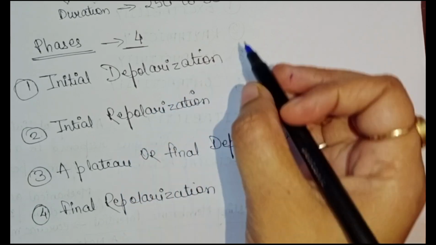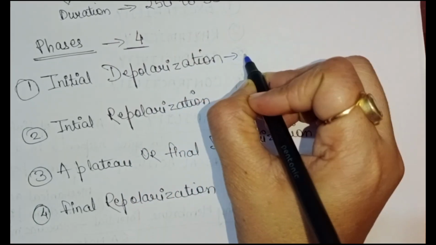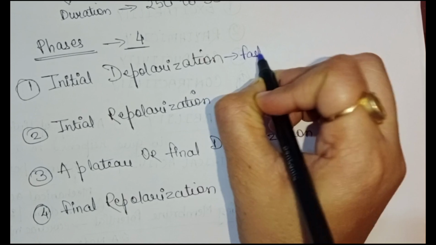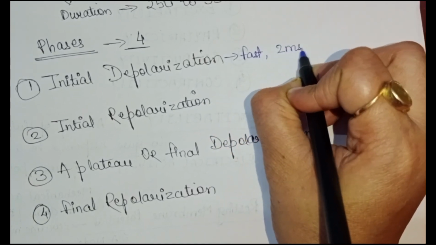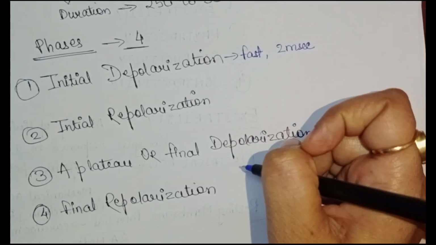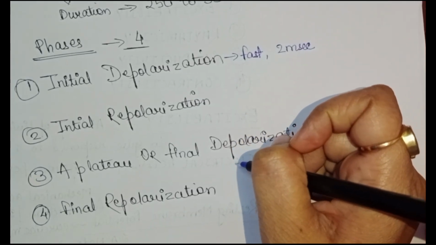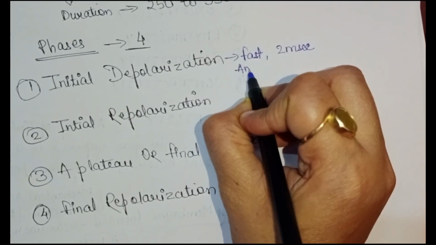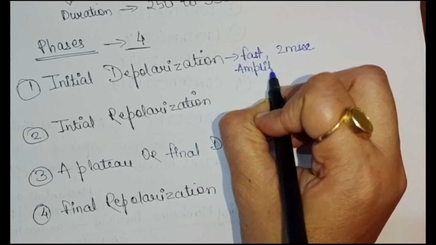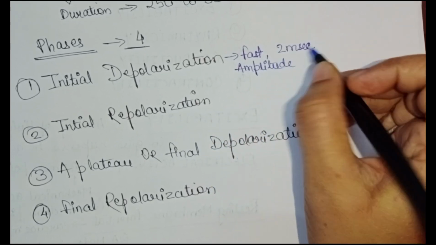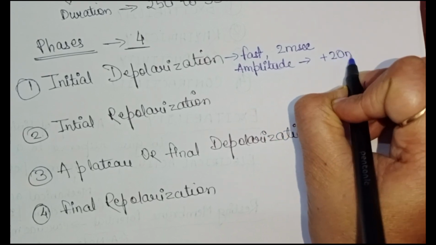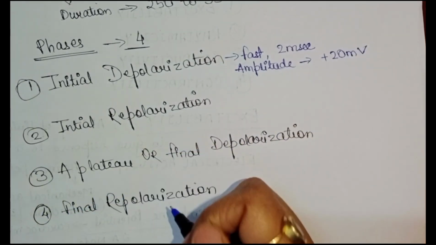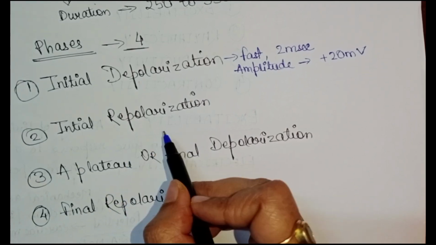Talking about the initial depolarization. Initial depolarization is very fast and lasts for about 2 milliseconds, and the amplitude of depolarization is about plus 20 millivolt.